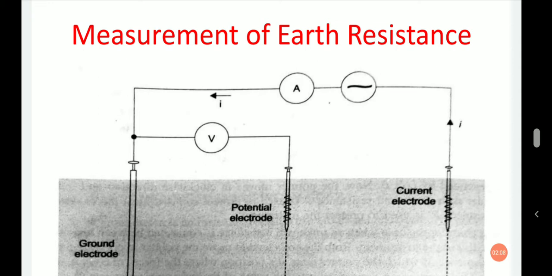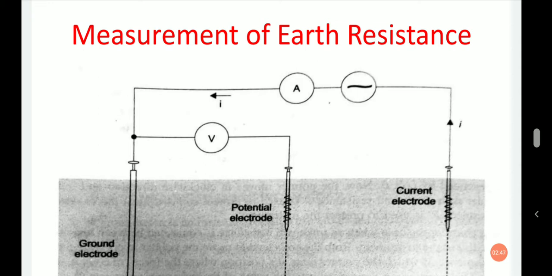The earth electrodes may be used for this purpose as they provide a low resistance path for leakage current so that it can flow to the earth.